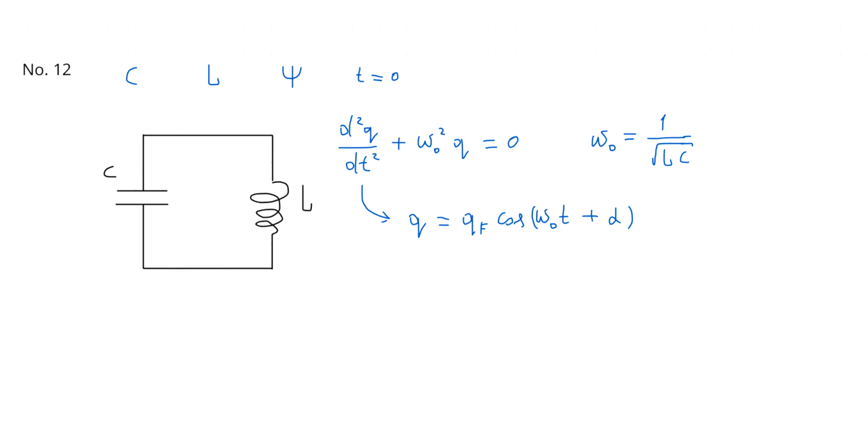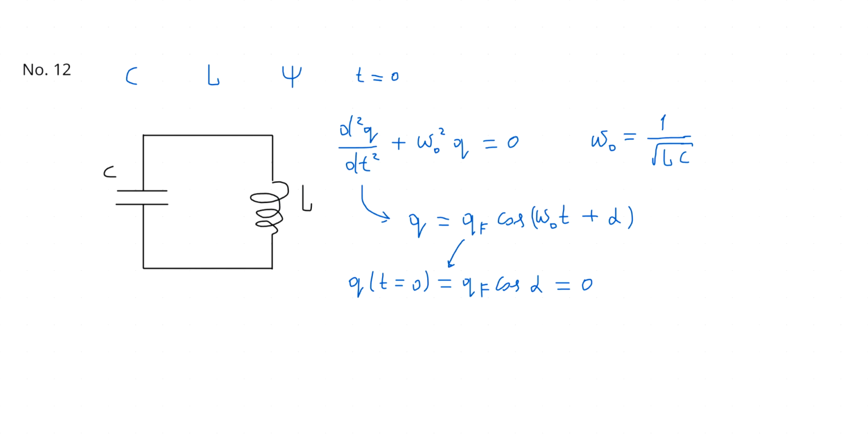So we can write that Q at t equal to 0 is equal to QF multiplied by cosine alpha, and it is equal to 0 because the capacitor isn't charged at this moment in time.